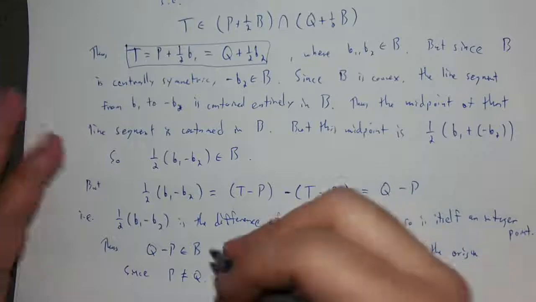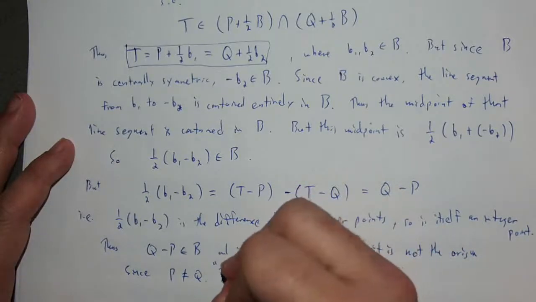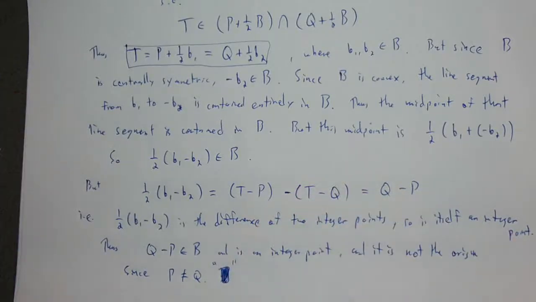So I will put my little proof ender in quotes because I've just laid out basically the central premise here, but I was a little hand wavy at the beginning with this talk of volume and filling up space in this way. This is a good general idea for how the proof works, and this is actually the entire substance of the proof.